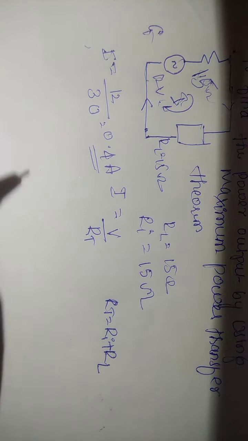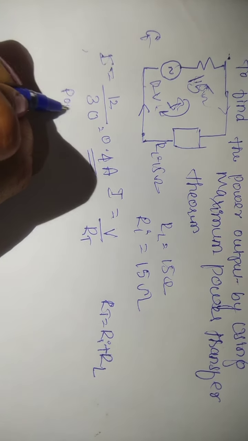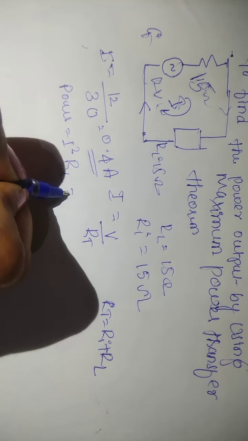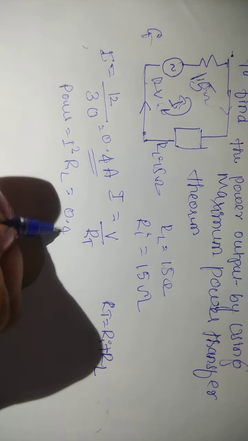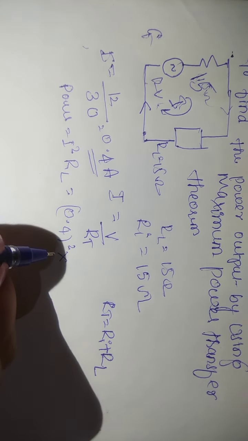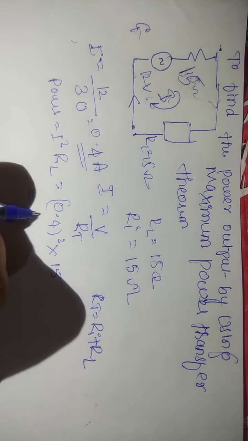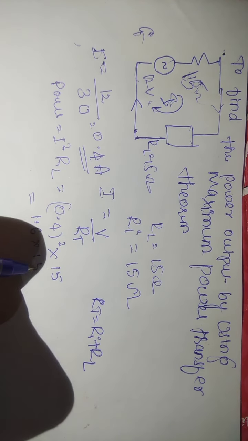Next, power equals I square into RL. I square is 0.4 square into the load resistance 15, which is 0.16 into 15.